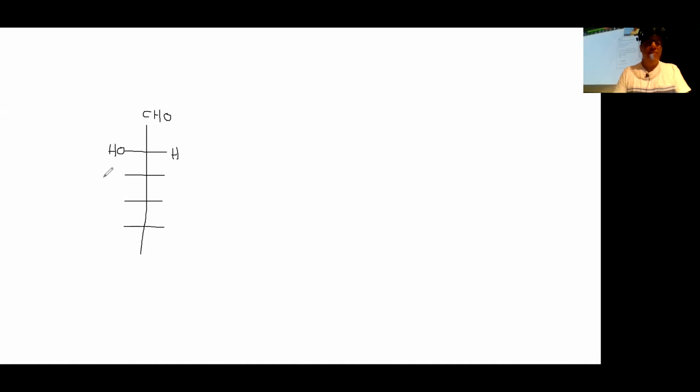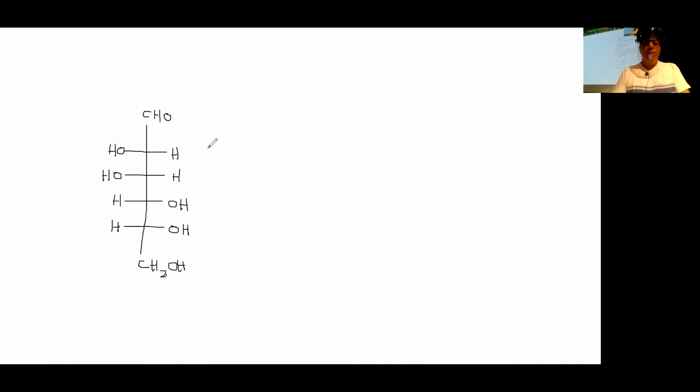Let's do left, left, right, right for no particular reason. I have no idea what that sugar is, but with the OH I'm putting in now, it's a D sugar, and I know it's not glucose. That's certainly all I would expect you to know.